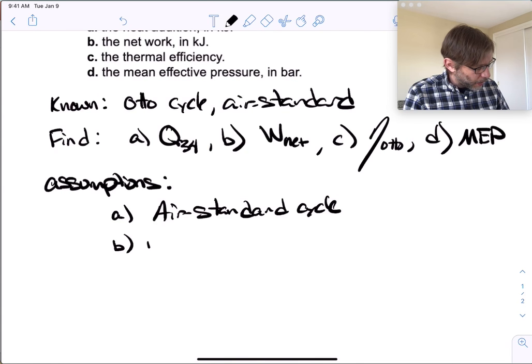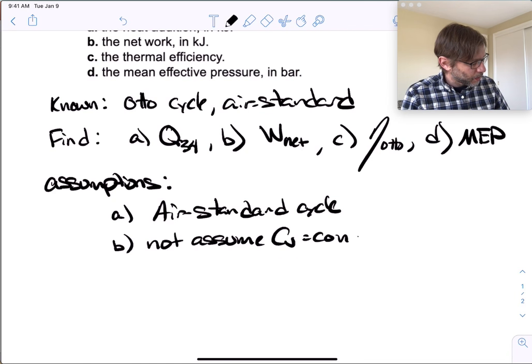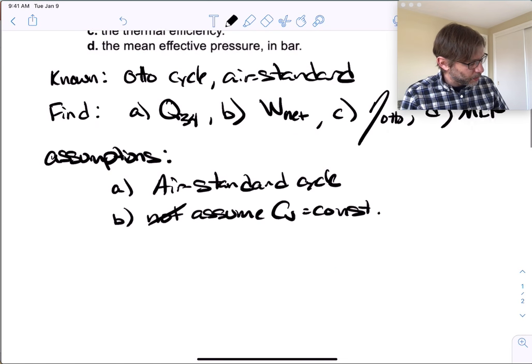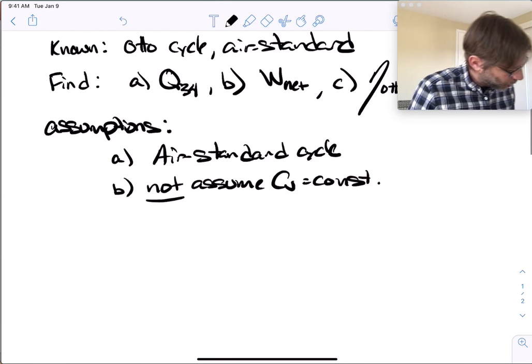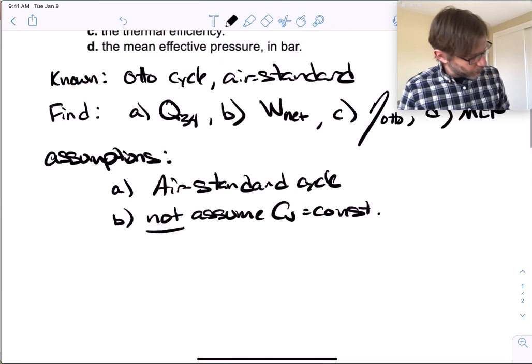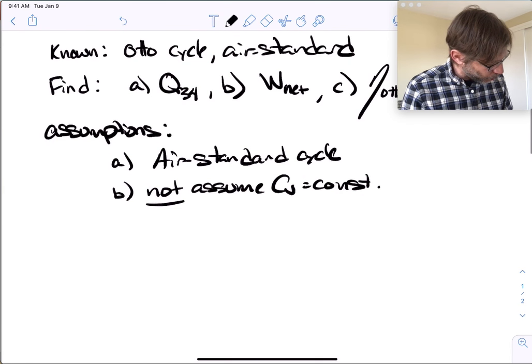B, we cannot assume CV equals constant. So it's varying. Oops, I didn't mean to cross that out, I meant to underline it. Not assume CV equals constant. Okay, I don't think we have to do anything else. I like to say closed system.